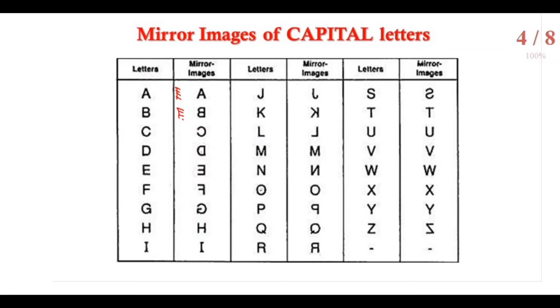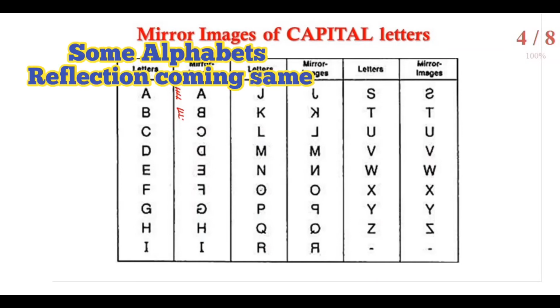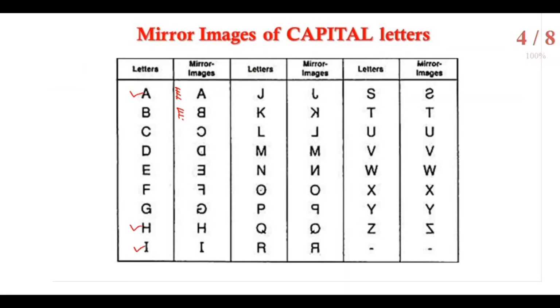Means if you get the reflection of that alphabet, it will be the same object. You can see here A, the mirror image of A will be the same. Then H, I, then M, O, then T, U, V, W, X and Y.